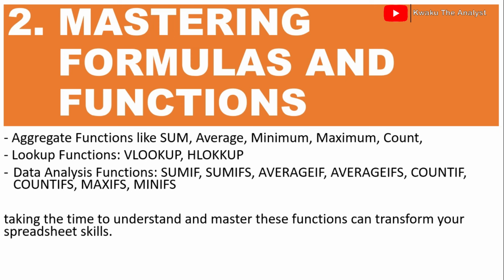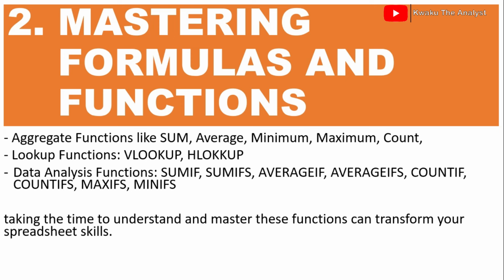Then SUMIF without the S is based on one condition. An example can be that I just want to find the total sales in a specific country. In that case, the country column becomes the criteria that Excel will base on to find the total sales.